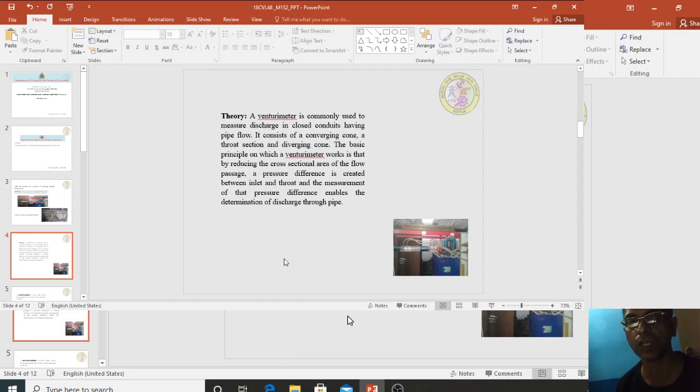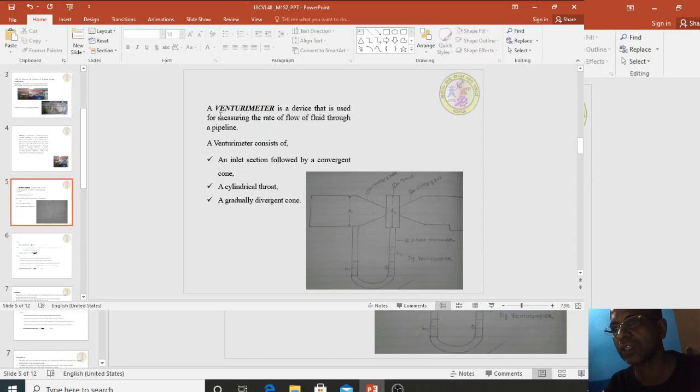The basic principle on which the Venturi meter works is that by reducing the cross-sectional area of the flow passage, the pressure is reduced, and the measurement of that pressure at that particular reduced cross-sectional area will be done by using this instrument. So I can say in one word, a Venturi meter is a device which is used to measure the rate of flow of fluid through a pipeline.